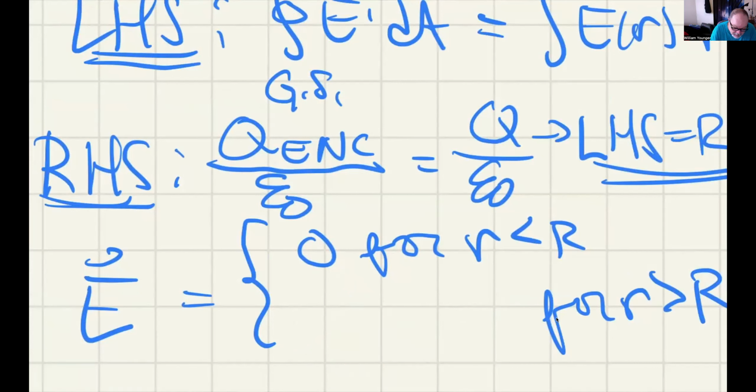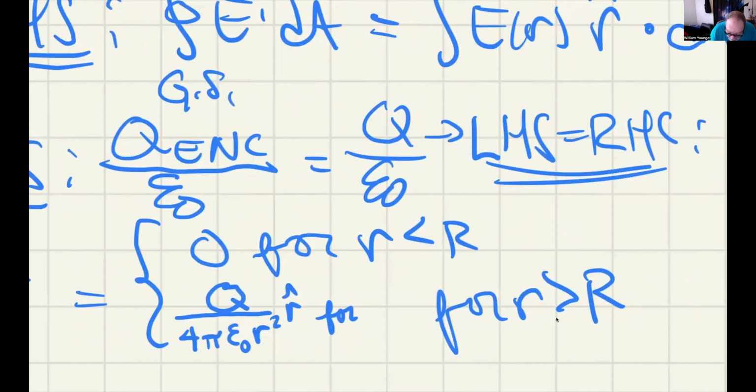So now I'm going to say the electric field outside is, of course, Q over 4 pi epsilon naught R squared R hat. And this is for, oops, don't have to do that part.